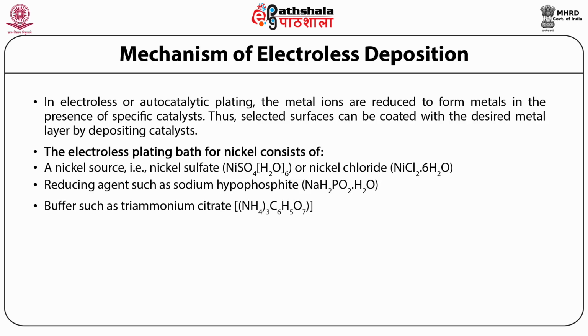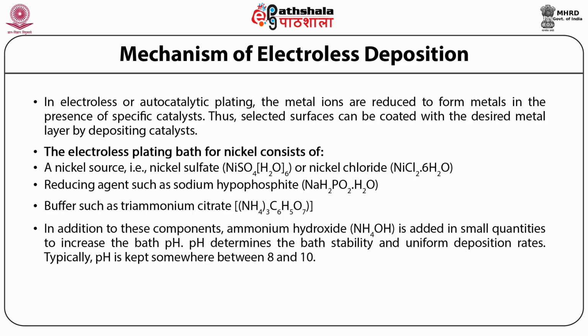A buffer is required, such as triammonium citrate, that is (NH4)3C6H5O7. In addition to these components, ammonium hydroxide, that is NH4OH, is added in small quantities to increase the bath pH. pH determines the bath stability and uniform deposition rates. Typically, pH is kept somewhere between 8 and 10.